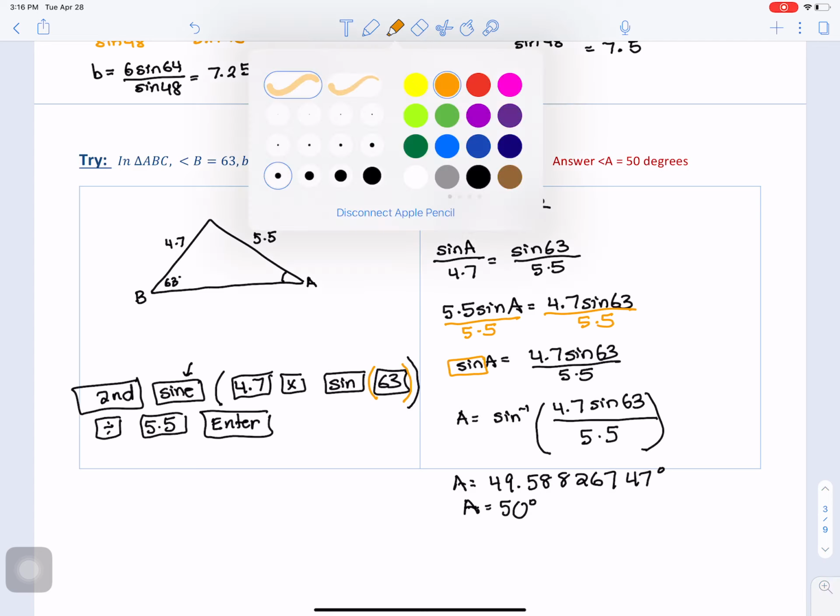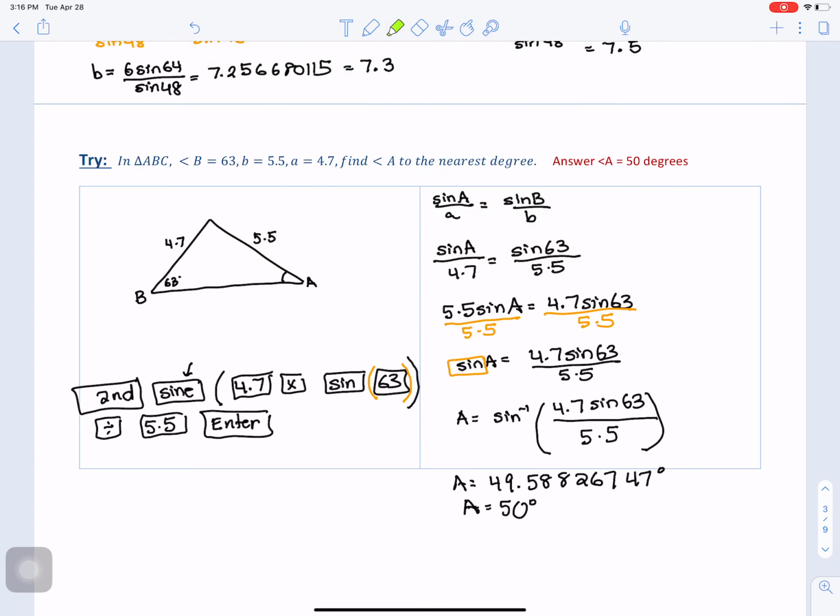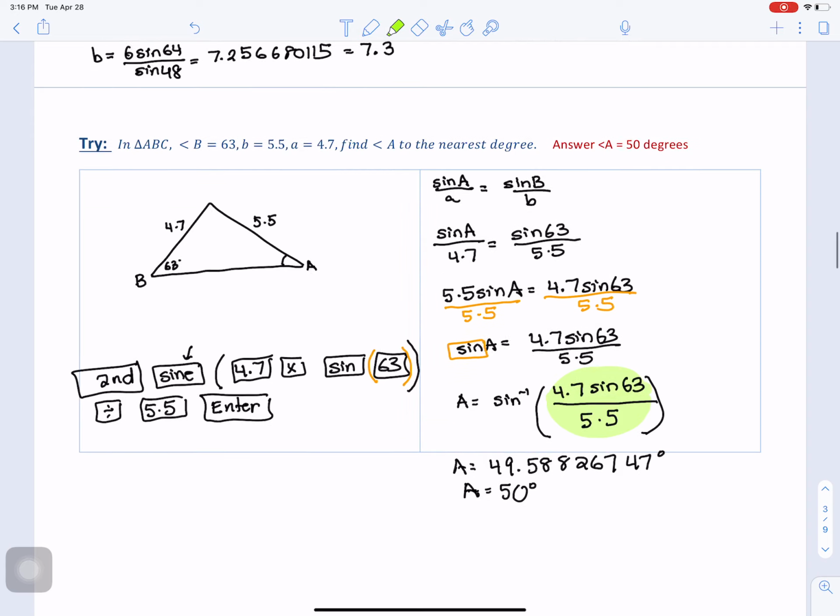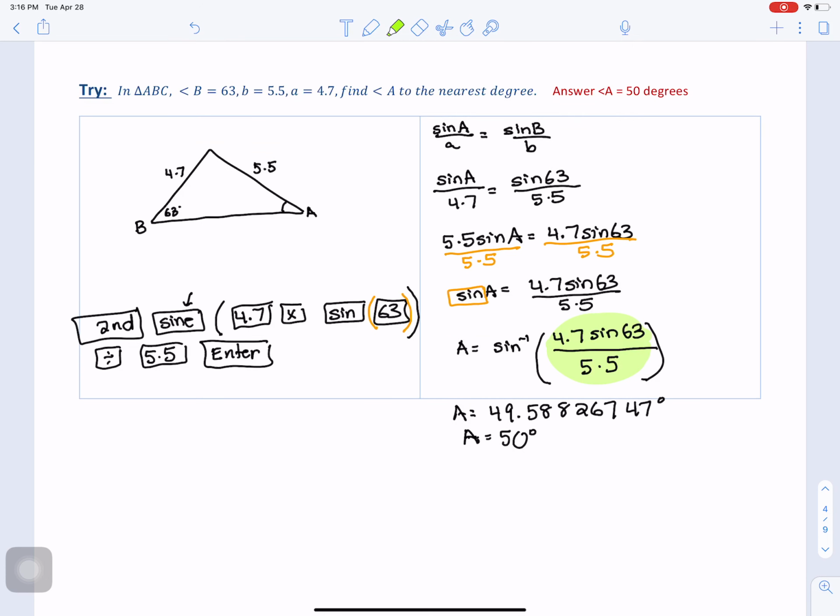Alternatively, if you find that a lot of calculator work that's hard, you can work out this answer, store it in your calculator, and then go second sine of that answer, retype it out or hit second answer, and that will work as well. So be very careful. This is the correct answer, so just make sure you get 49.588 and so on, and then round that to 50 degrees.